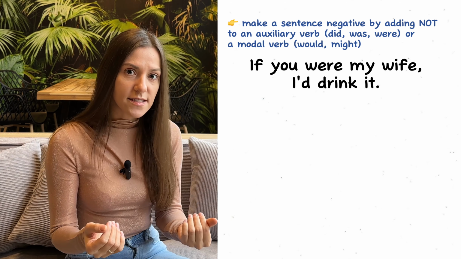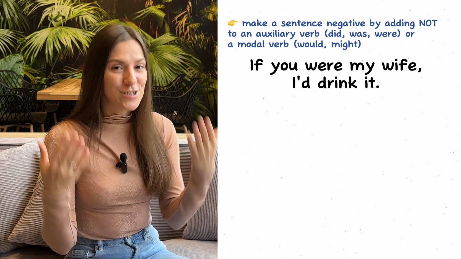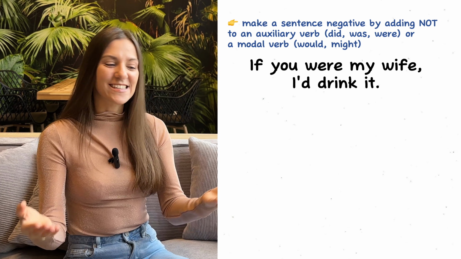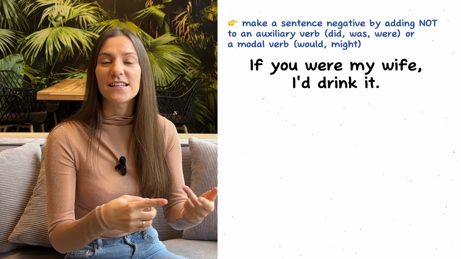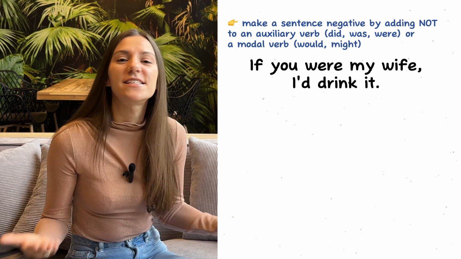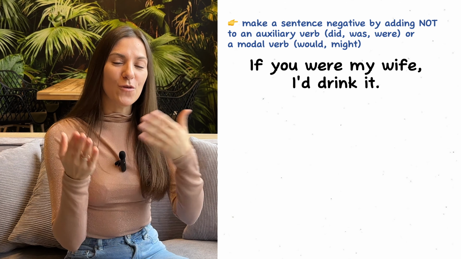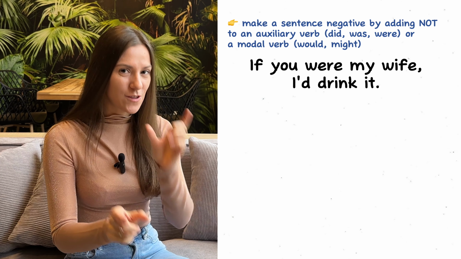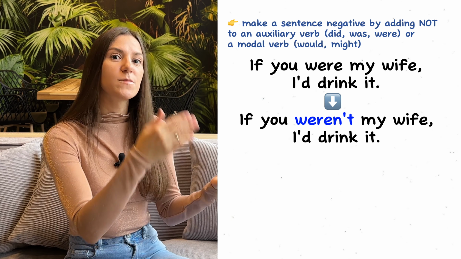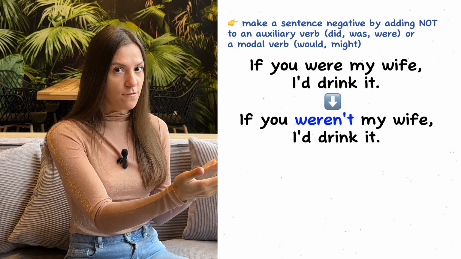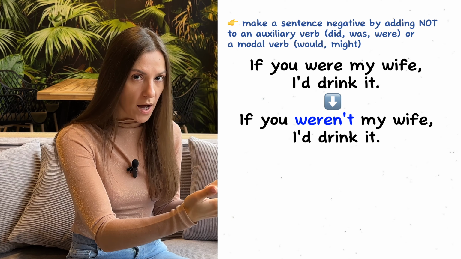In this case, we have a verb to be, and the verb to be is so strong that it makes negative, affirmative, and interrogative sentences by itself. It doesn't need any help. So, if you want to make it negative, just add not to the verb be in this case. So, if you weren't my wife.